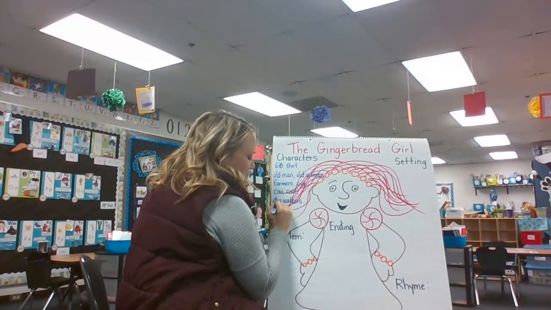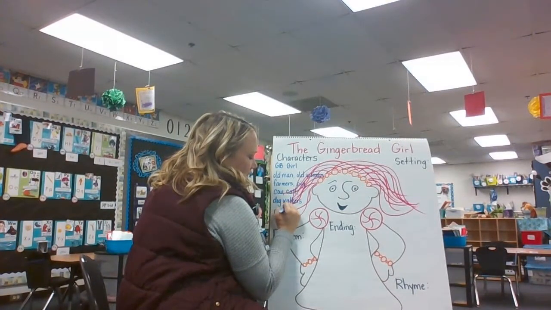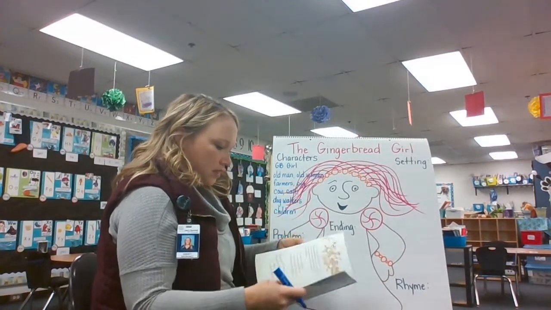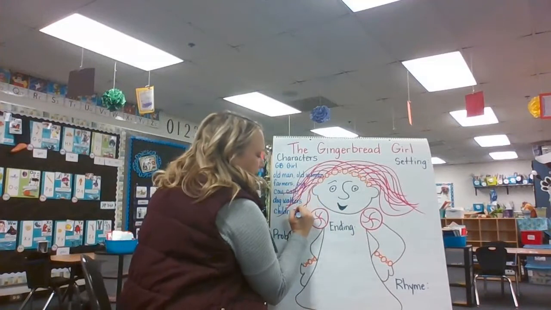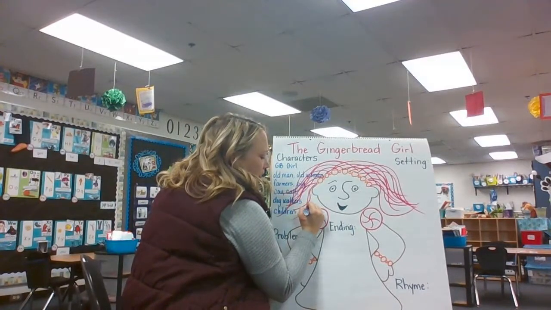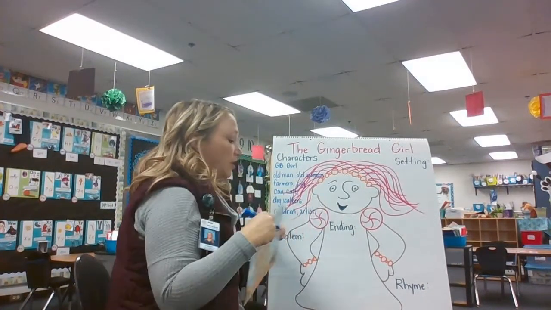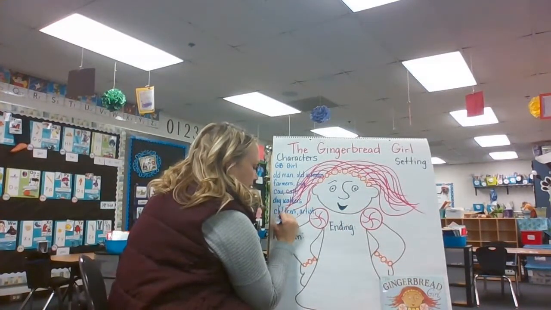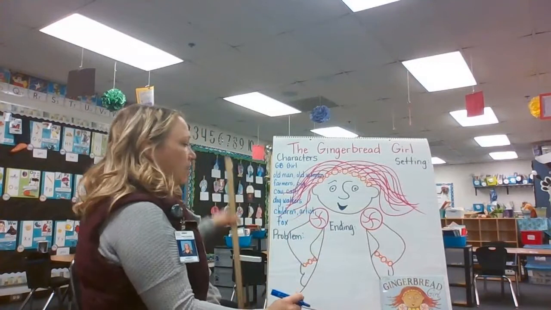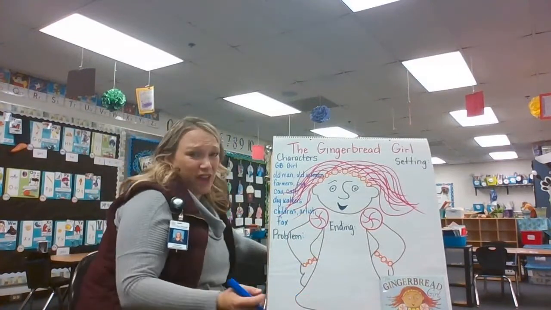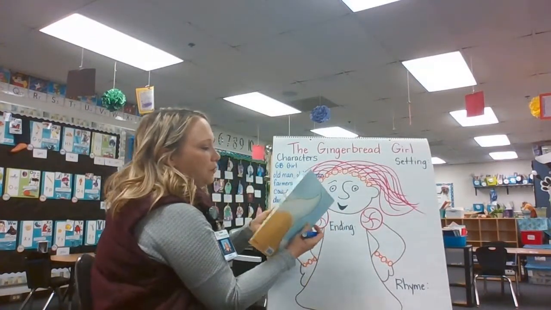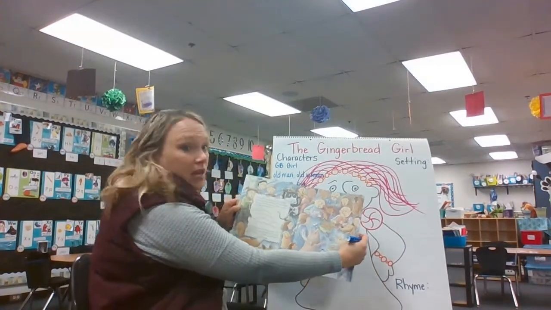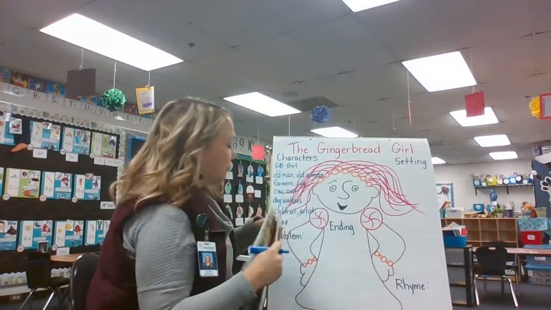And then there are the children at the school. And I feel like I might have missed one. Hold on. The artist. Okay, there's the artist. And then at the end, she comes to the fox. Wow. That's a lot of people. And remember in our story, we even said, look at all of these people. That's a lot of characters.